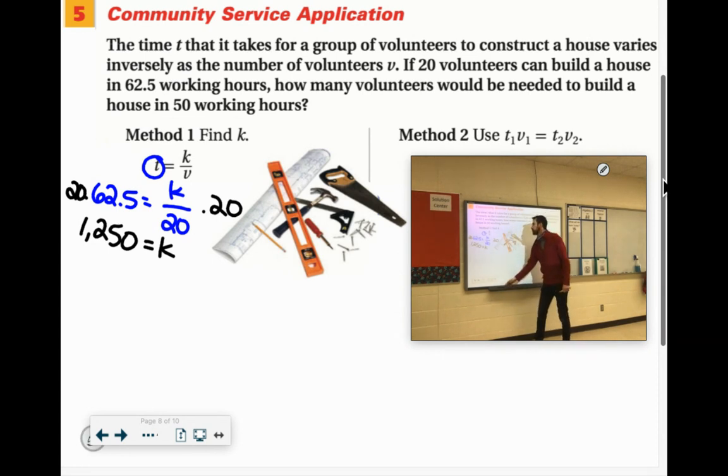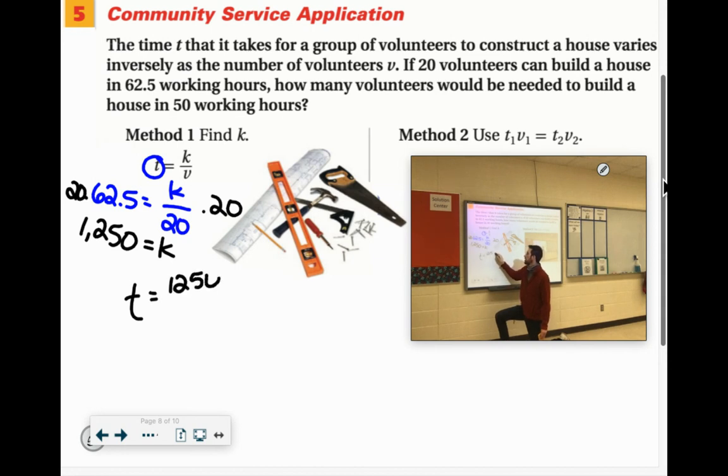So then we can substitute that back in here. t equals 1,250 over the volunteers. So you're dividing the 1,250 hours by however many volunteers you have. How many volunteers would be needed to build a house in 50 working hours? So we're looking for 50 hours. 1,250 divided by our volunteers equals 50.